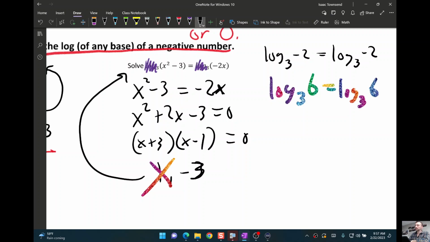You can see the left and the right are equal, and I'm taking the log of a positive number, which is fine. So it's not that I made a mistake or anything, it just did not solve the original equation, so it didn't work. Over time, we have to reinforce that in our head. Never ever can we take the log of 0, never ever can we take the log of a negative number.